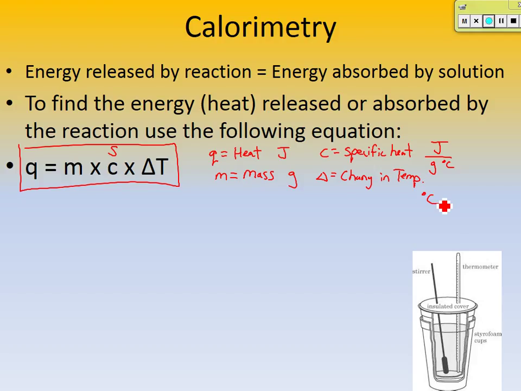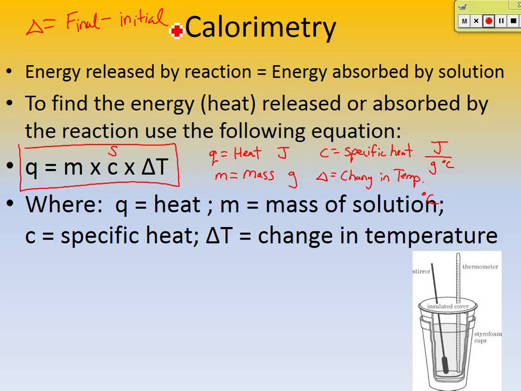Okay? Also, I know I've said this a lot, but delta means change. But how do you calculate change? Final minus initial. Please write that somewhere. Whenever you see the delta sign, it's final minus initial. That's how you calculate it. Okay? So here we go. Q is heat, M is mass of the solution, C is specific heat, and delta T is the change in temperature.